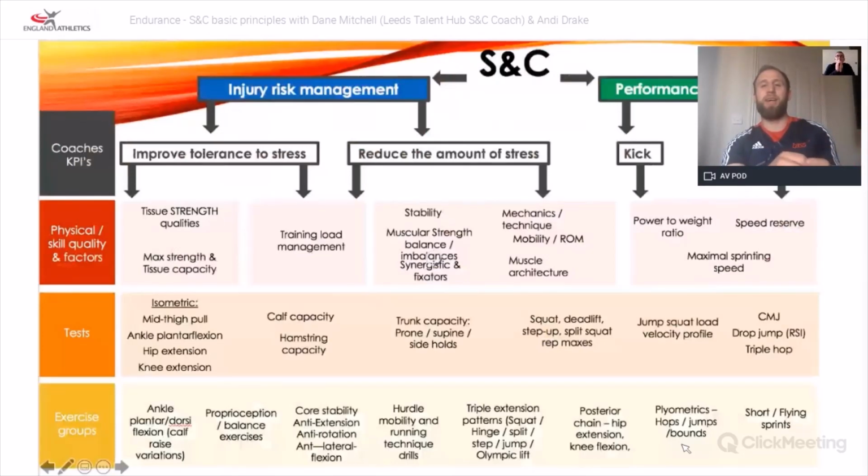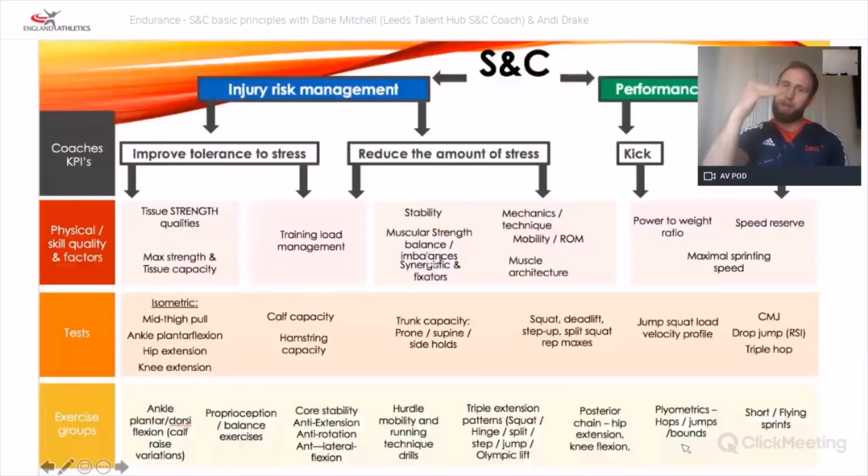We never really say injury prevention because you never know if you've prevented an injury, so injury risk management is what I focus upon. The other main benefit to S&C is performance enhancement. That's the sexiest stuff, the stuff that we're more interested in.